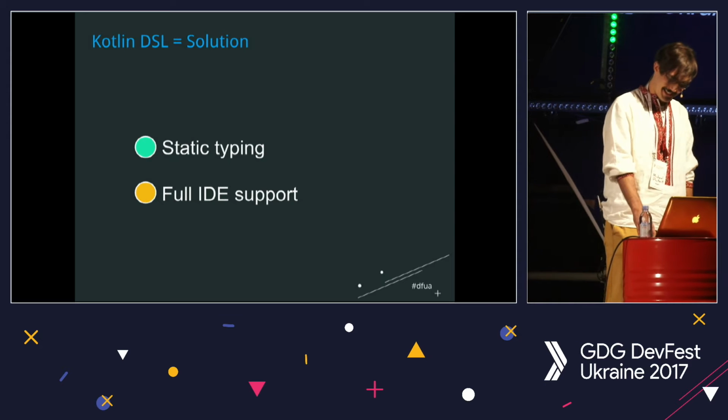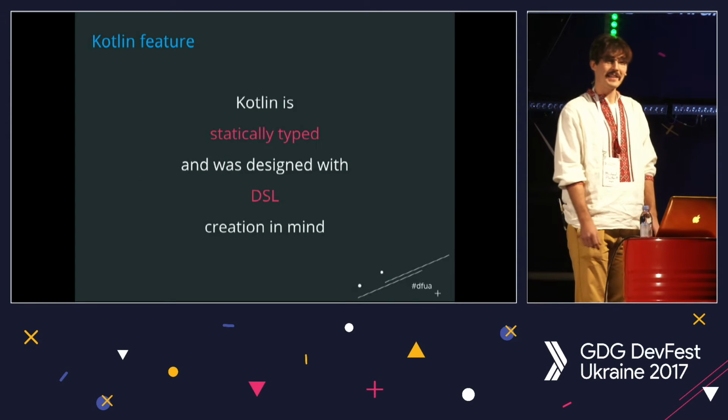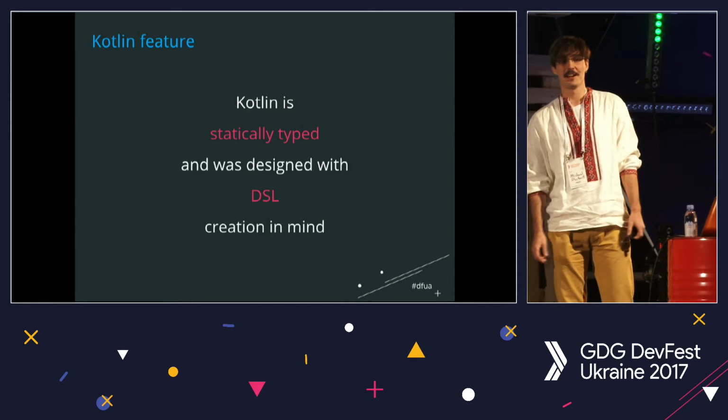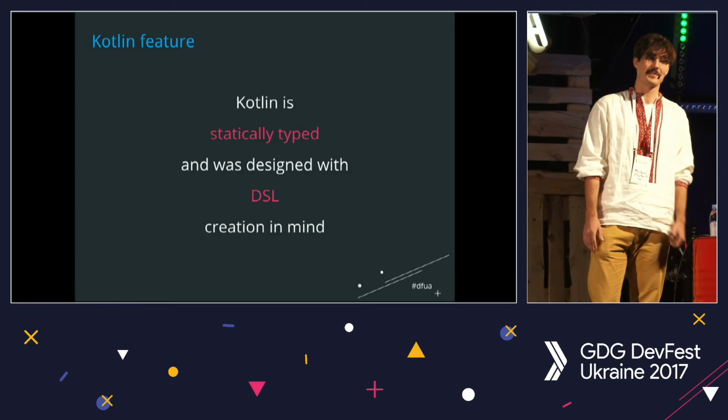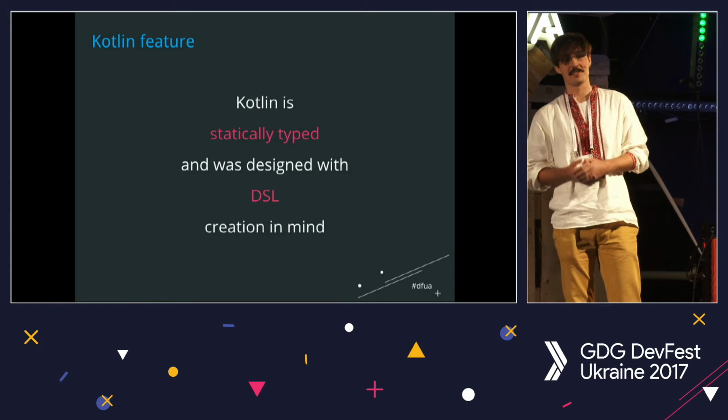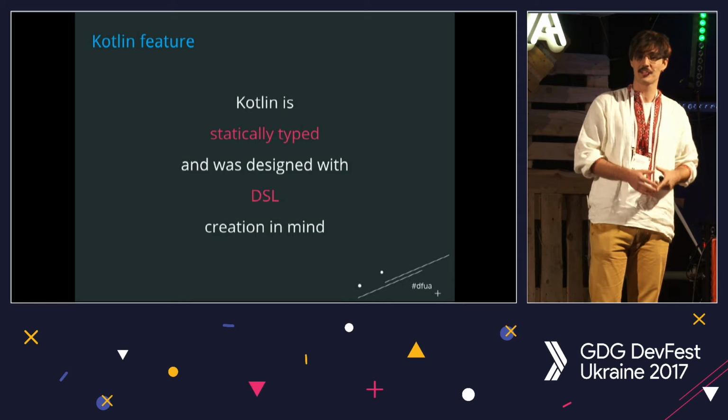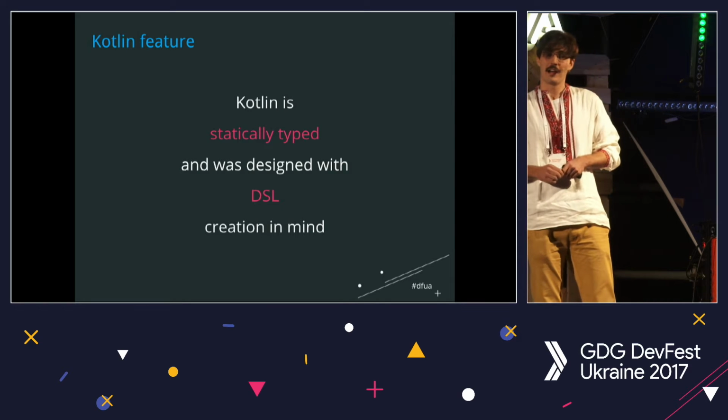So Kotlin IDE support is great. But Kotlin is not only statically typed. It is also designed with DSL creation in mind. So some of this Groovy syntax sugar for DSLs, Kotlin can also manage.